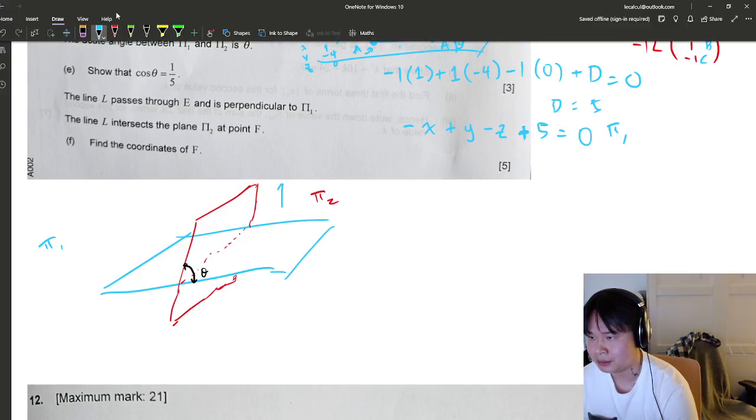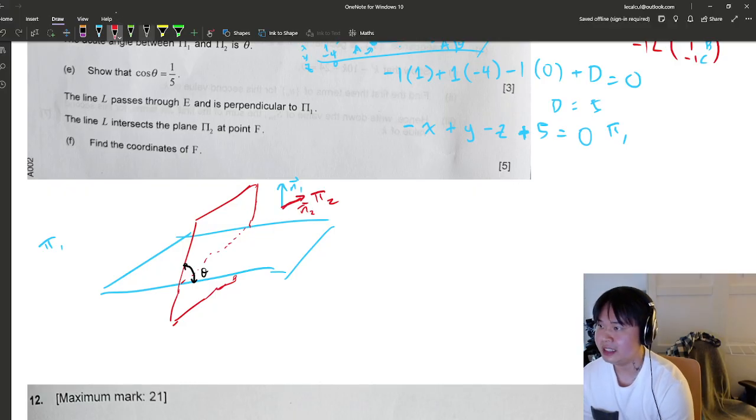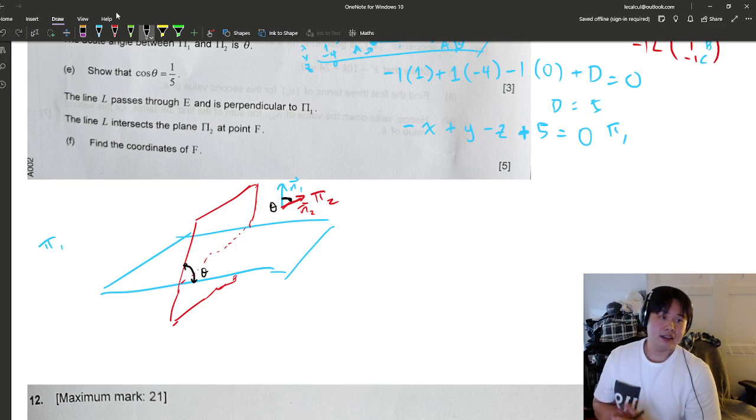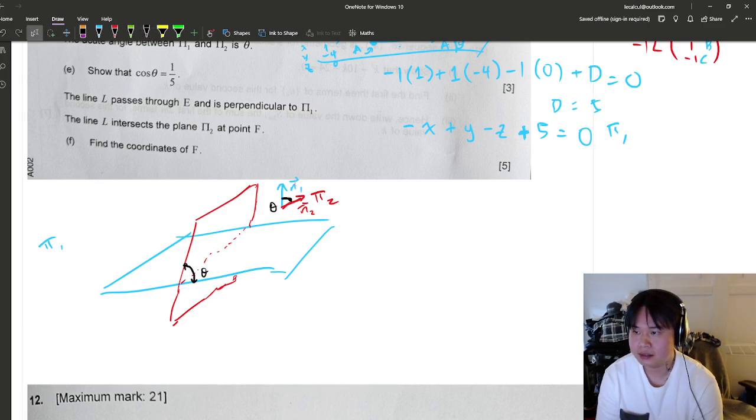But this is the normal vector for plane 1, and this is the normal vector for plane 2. Geometrically speaking, it has the same angle as the angle between the planes themselves. And we're going to use these two normal vectors, because we know them, to figure this out.